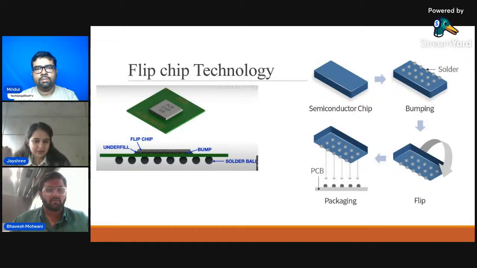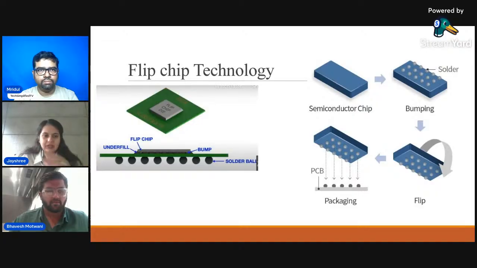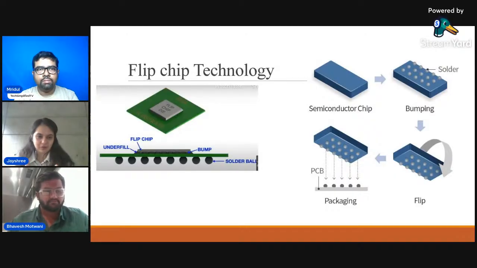So firstly, we understand what flip chip technology is. Flip chip technology is an interconnecting method where a die is flipped down and then connected directly to the substrate or the package using solder bumps placed onto the die with the input output pads. This eliminates the need for wire bonding, and it has a shorter signal path and better performance.